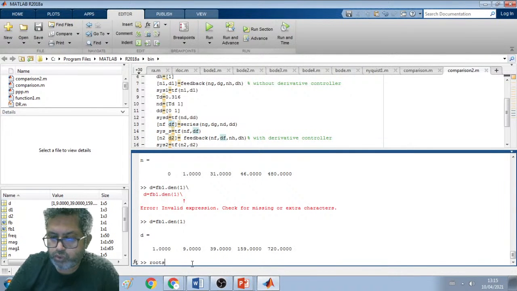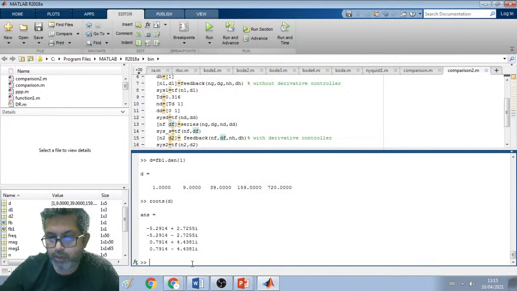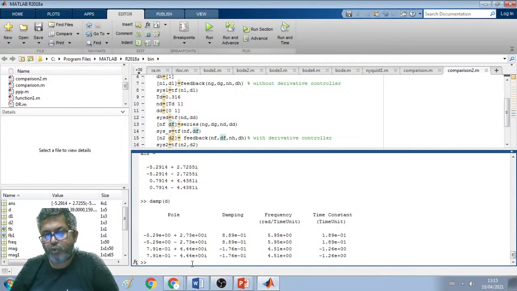So roots d, damp d. You get the pole, damping, frequency, time constant. So this is how you get the time constant.